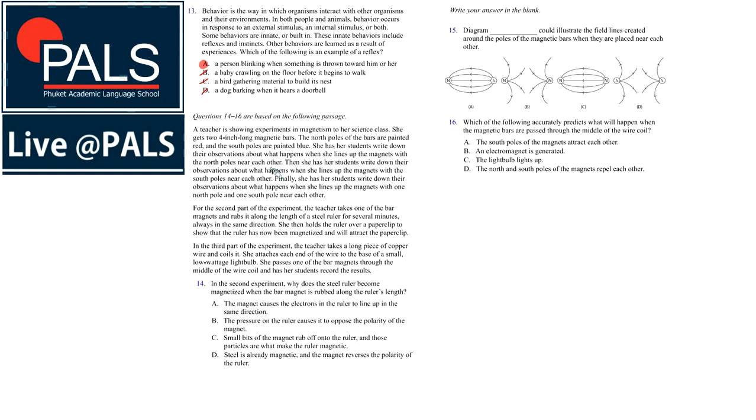Then she has her students write down the observations of what happens when she lines up the magnets with the south poles near each other. Finally, she has her students write down the observations about what happens when she lines up the magnets with one north pole and one south pole near each other.